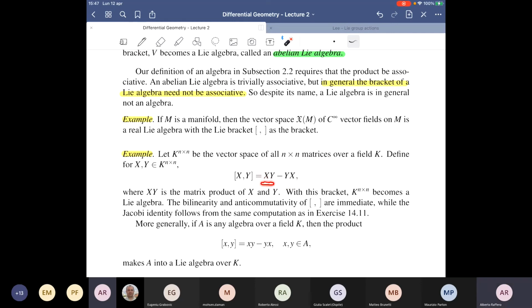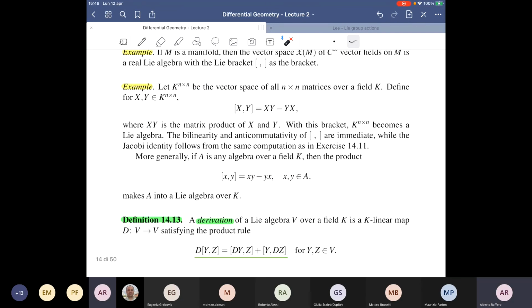Just take the product of two matrices, x and y, in this order, and subtract the product of the matrices y and x. This gives the space of square matrices the structure of a Lie algebra. So this is another instance of a Lie algebra.